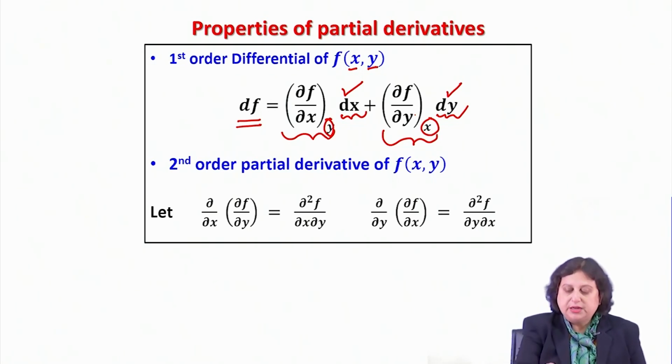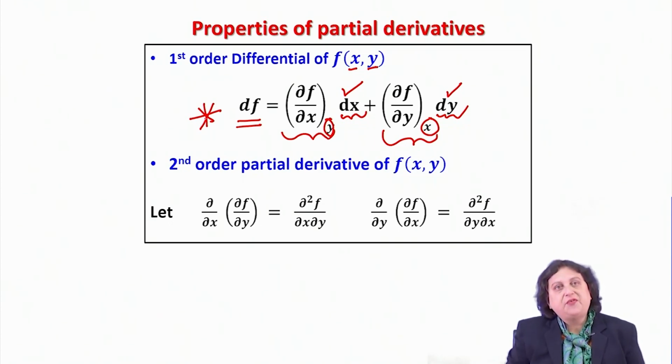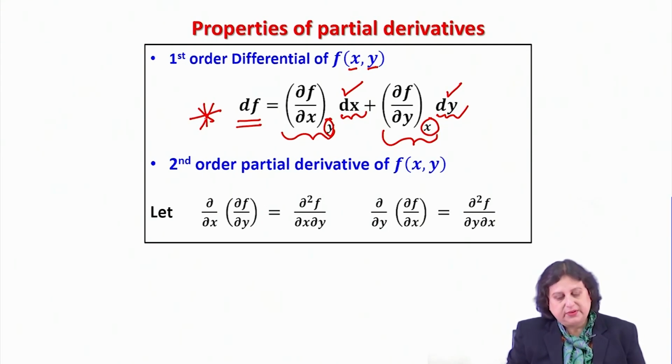So what does this expression say? This expression says that this is going to be the net first order differential change in the function f when both x and y are simultaneously undergoing an infinitesimal change to x plus dx and y plus dy respectively.